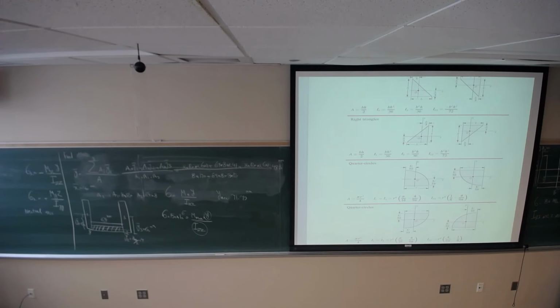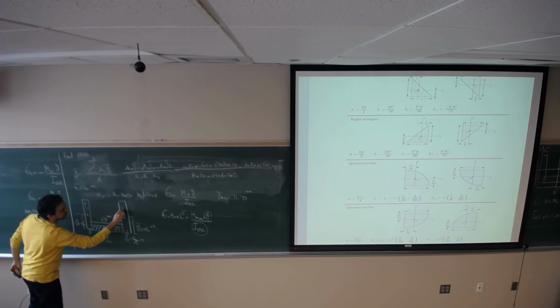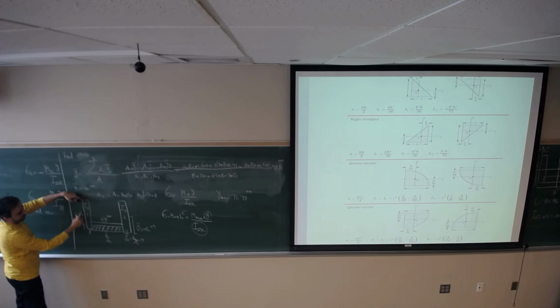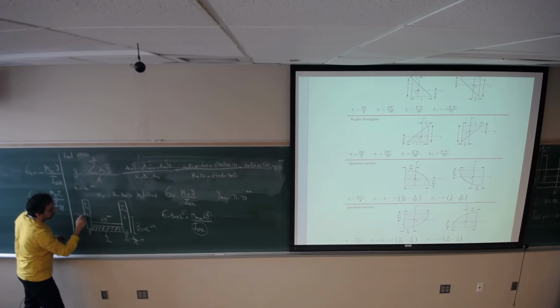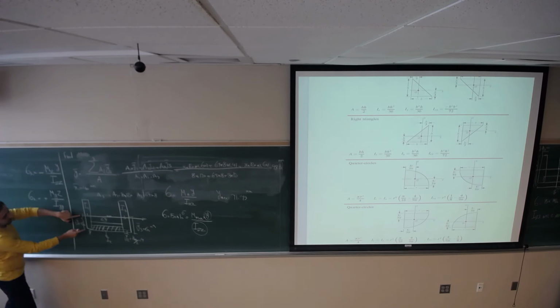I with respect to ZZ is going to be I1 with respect to ZZ plus I2 with respect to the Z axis plus I3 with respect to Z. I1 is for the first cross section, I2 for the second, and I3 for the third. For I1ZZ, I would like to find the second moment of area of this cross section with respect to this axis, which has a distance of 48.21.